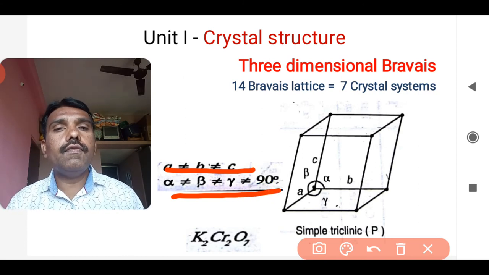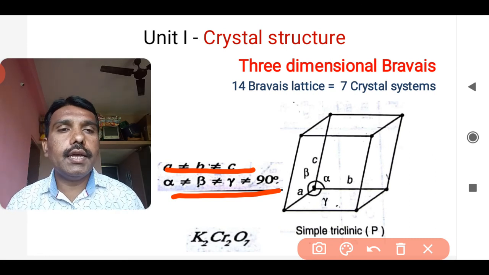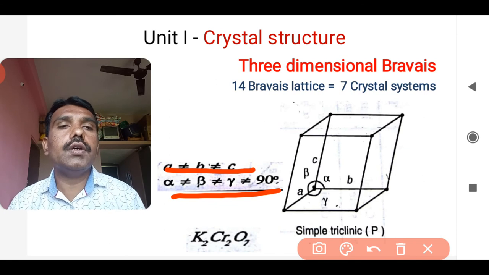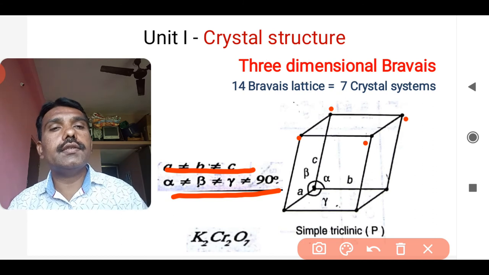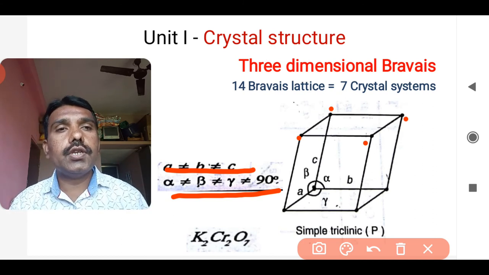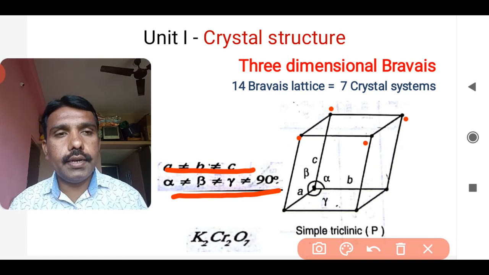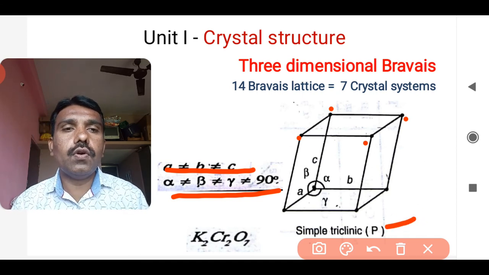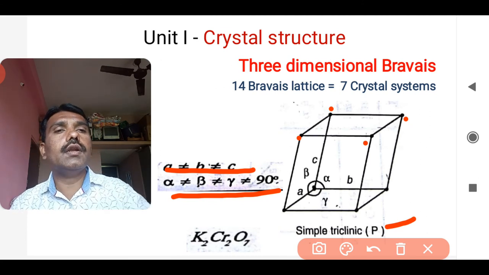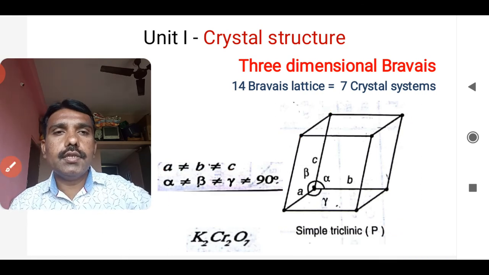That means alpha, beta and gamma, all these angles, are different and not equal to 90 degrees. In this case all the points are exactly on the corners, not anywhere inside the surfaces of the cube. That's why such a three-dimensional Bravais lattice is called simple triclinic. As far as the word simple comes, the symbol for it is P, and the example for this is K2Cr2O7. This is the 14th Bravais lattice, or the seventh crystal system.